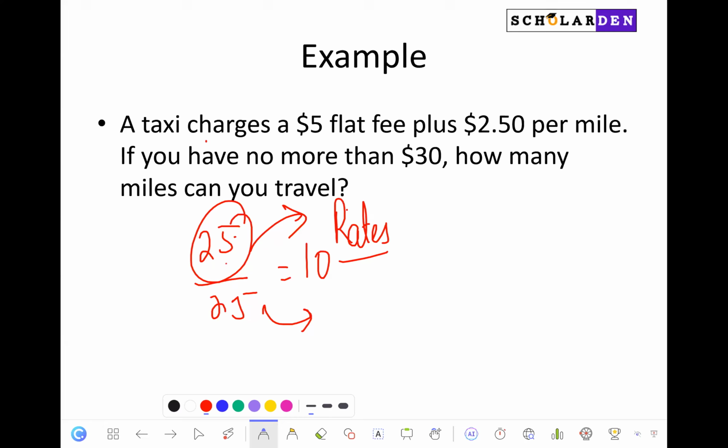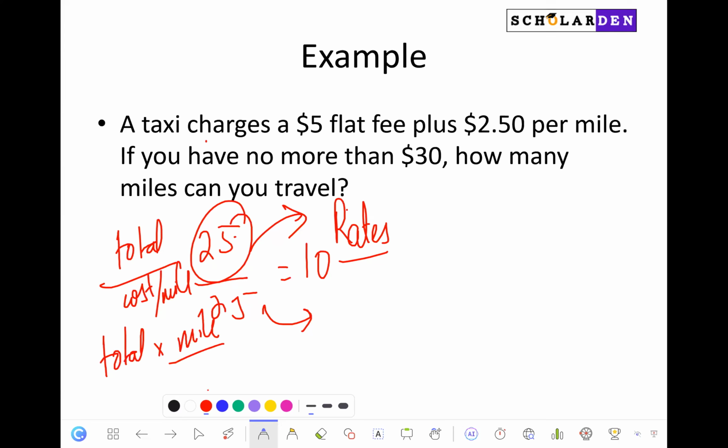But yes, if you identify that this is your total cost and this is the cost per mile, simply what you can do is total divided by cost per mile. You cancel the units out, and you will be left with the miles. But that would take us into the realm of rates, which we haven't explicitly covered just yet, and that is why I didn't want to use this method. I hope that answers your question.